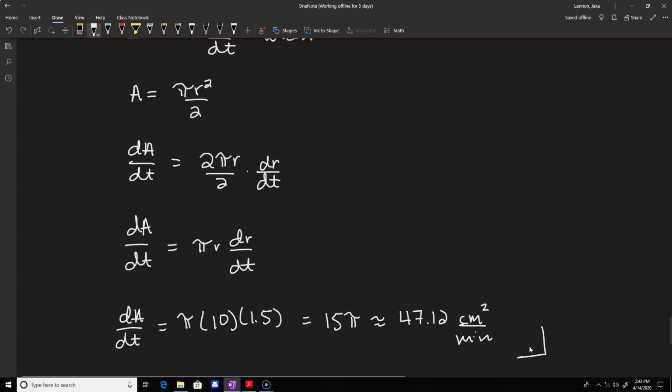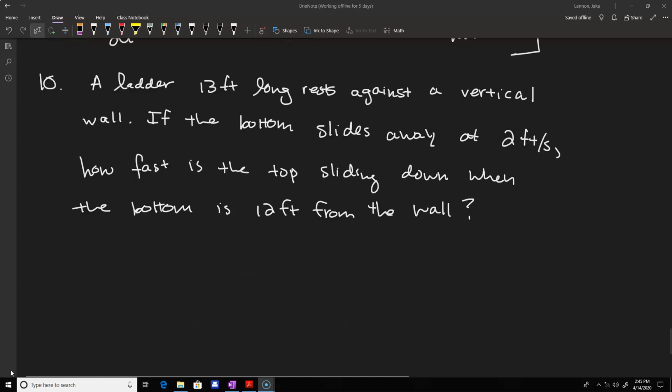So the last one is a Pythagorean Theorem related rates problem. For this last one, we've got a ladder resting against a wall, and it's sliding down. So we've got this wall, and we've got some ladder propped against it. Basically what's going on, we have a right triangle.